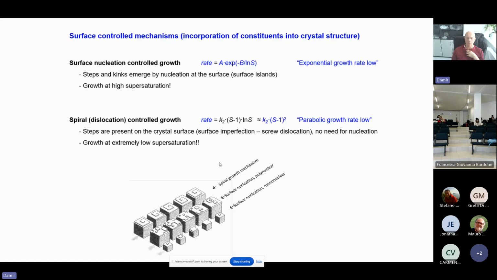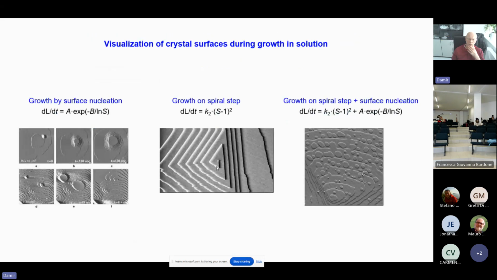Therefore, this is something that is practically always present, as you can see in the next example, where the crystal surfaces are visualized during growth by the AFM method. In this example, you can see growth by surface nucleation.